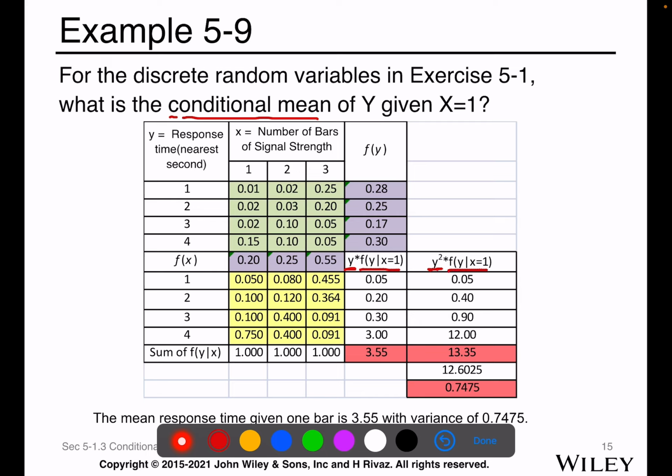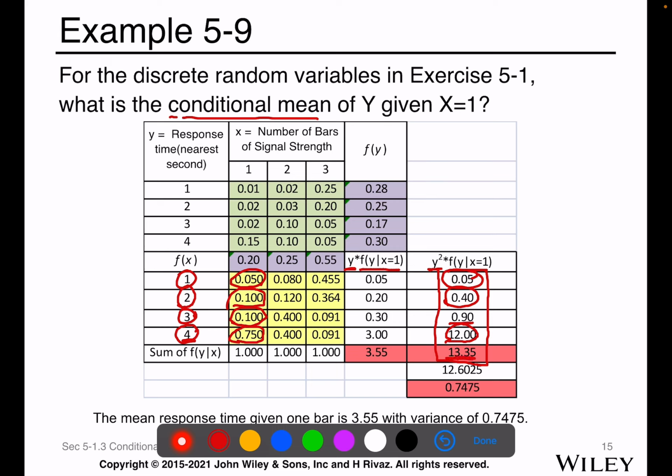So for example, 1 times this is 0.05, and then 2 squared is 4 times this is 0.4, 3 squared, that's 9 times 0.1 is 0.9, and 4 squared is 16 times 0.75, so that's 12. Then we add up these 4 numbers and we get 13.35.